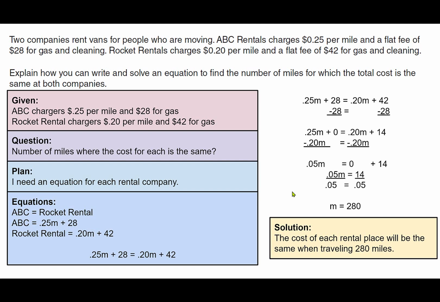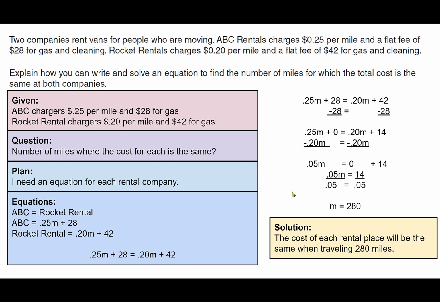I didn't get a negative number, for example, or something outrageous that you could never drive. I got a very simple number, 280. And that is reasonable, but plugging it in for m and solving both sides also helps to make sure that the answer makes sense.